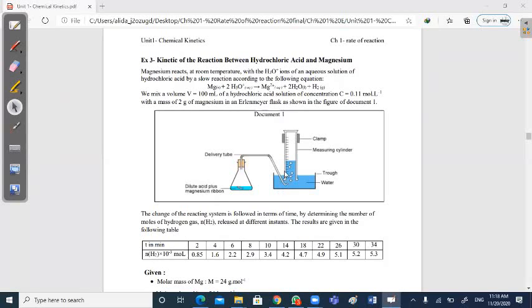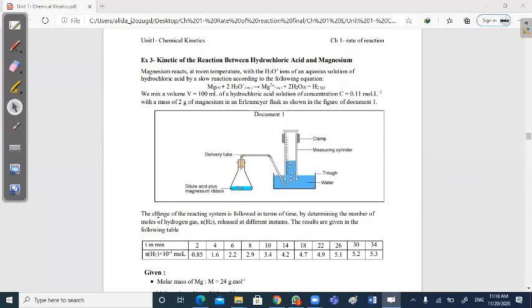We put a measuring cylinder filled with water, we reverse it, and the released gas is collected in the cylinder. The pressure of the gas makes the level of liquid go down, and the empty space is in fact filled with the released hydrogen gas.